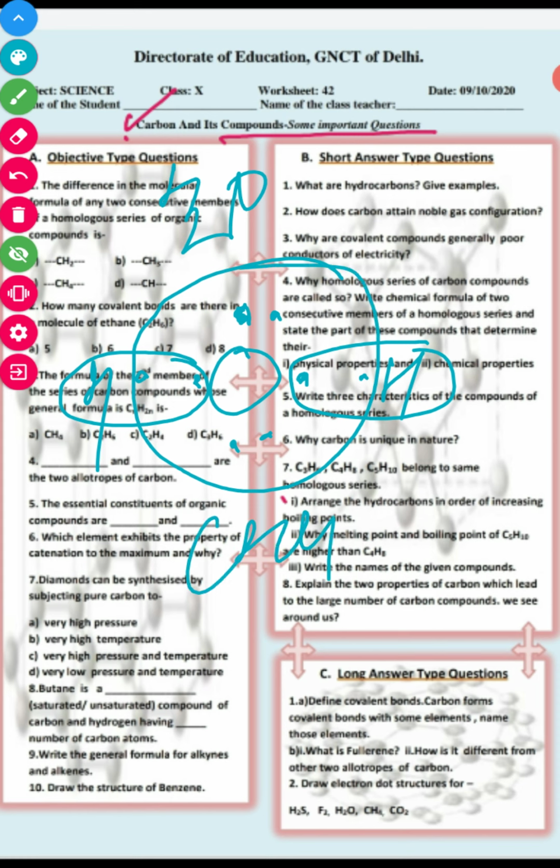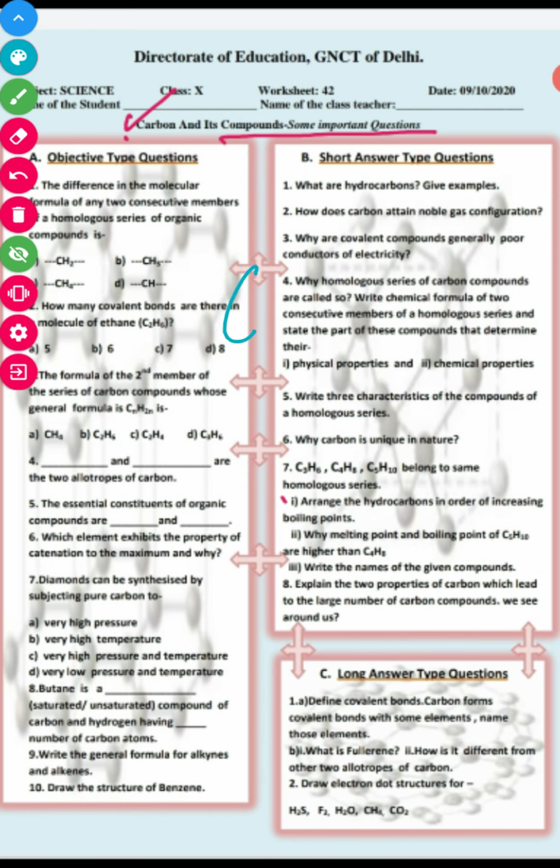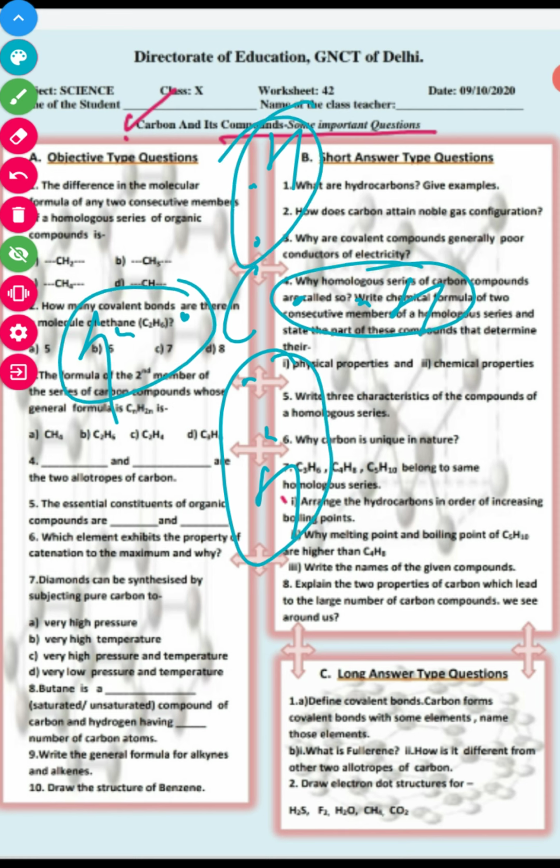Next we have CH4. We did this so many times. Carbon has 4 valence electrons, and these 4 valence electrons are attached to each hydrogen, and in this way the valency of carbon is also completed.